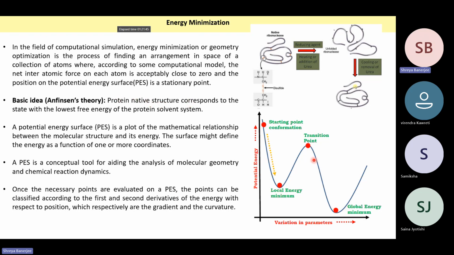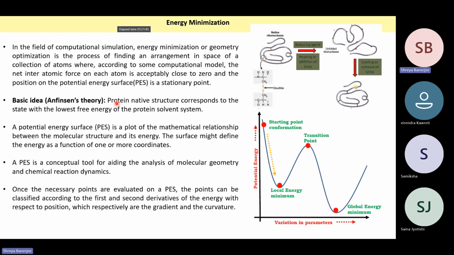Whenever a simulation is happening, suppose we are starting from here, the computer will go through all the possible states to find the global energy minima. Local energy minima is also a minima, but it is not the lowest point, so it is called local minima. And global is the lowest point possible. That's why it's called global minimum, and it is the native state of the protein.